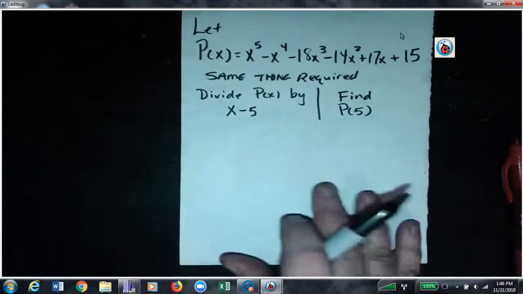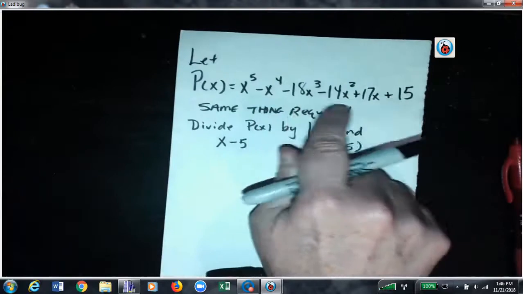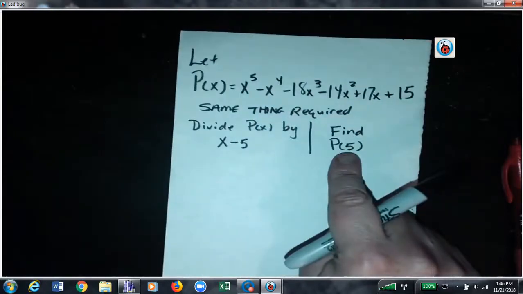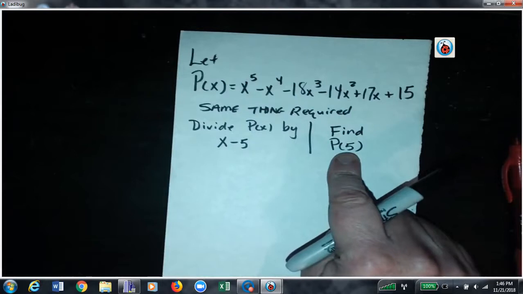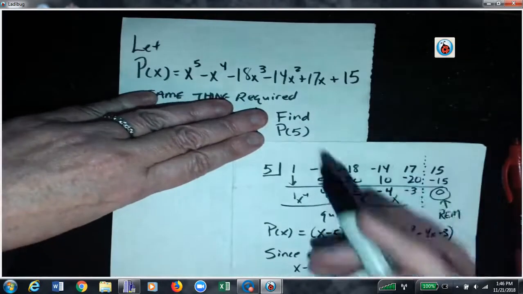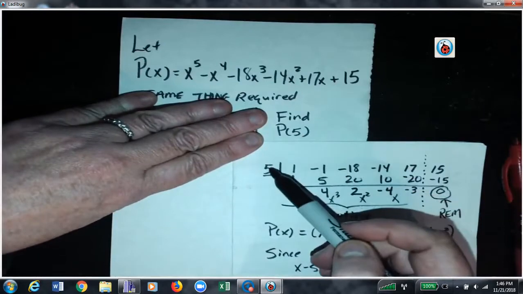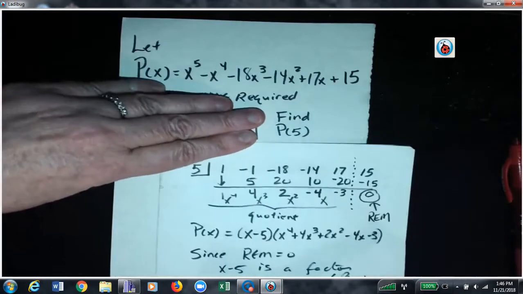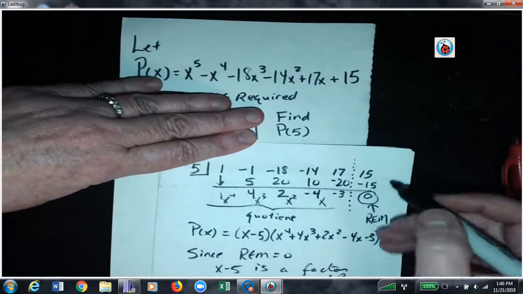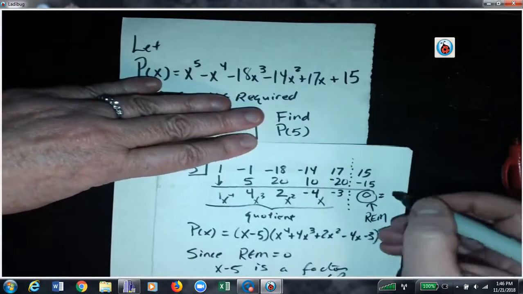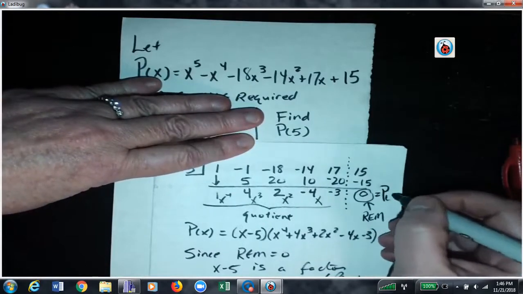Now, if we had started with this and the instructions had said find p evaluated at 5, then we would have to set up synthetic division. And you set up synthetic division and you put the number as it is inside here. And then when I get to the remainder, the remainder theorem tells me that's equal to p of 5.